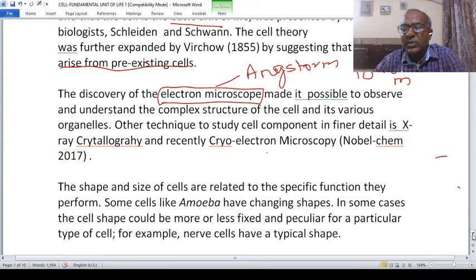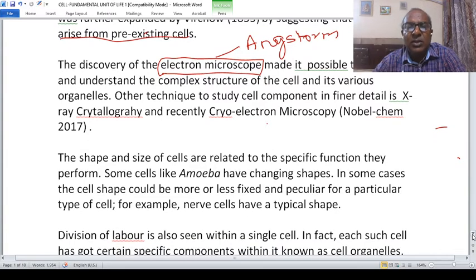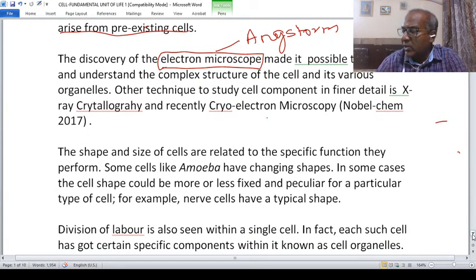In recent times, there has been the use of a new technique called cryo-electron microscopy. Cryo means low temperature. In cryo-electron microscopy, using liquid nitrogen, the molecules or cellular components are frozen, and then they are observed under an electron microscope.